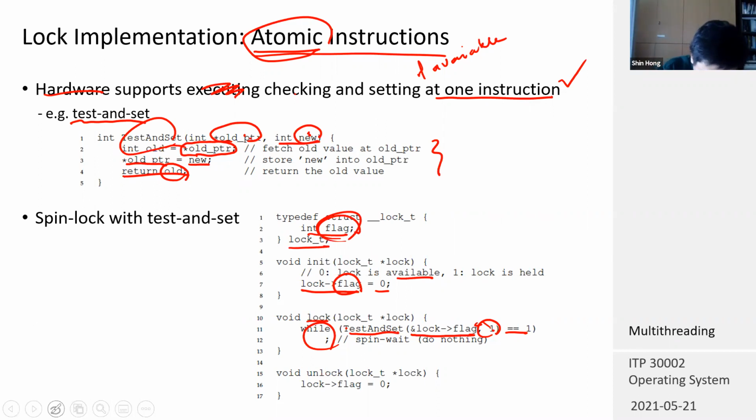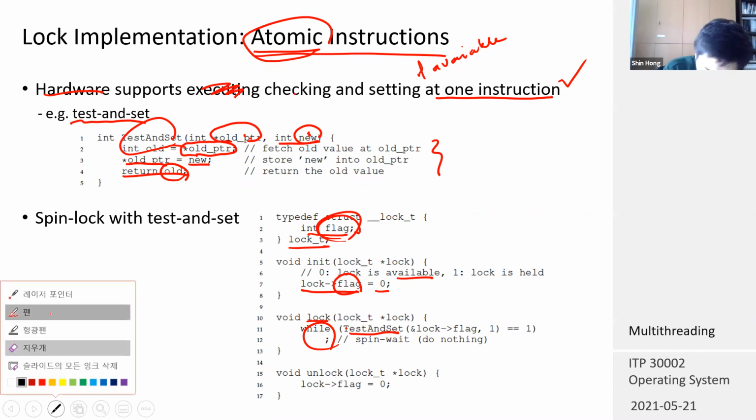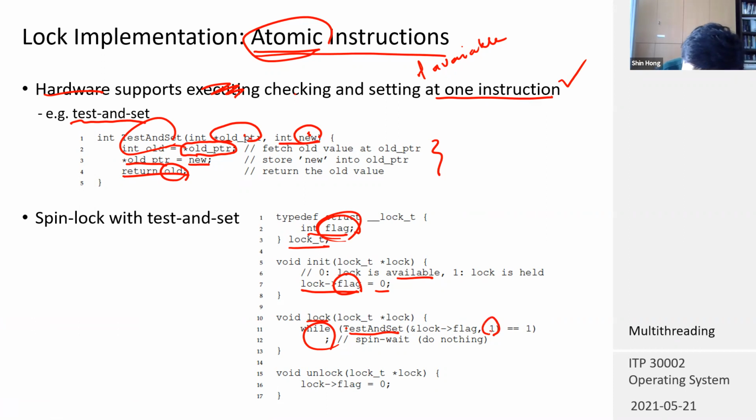But what if this instruction applied writing on the flag and the return value of this instruction is 0? The lock flag used to be 0, so the current thread is reading lock flag 0, and at the same time the lock variable is turning to 1.